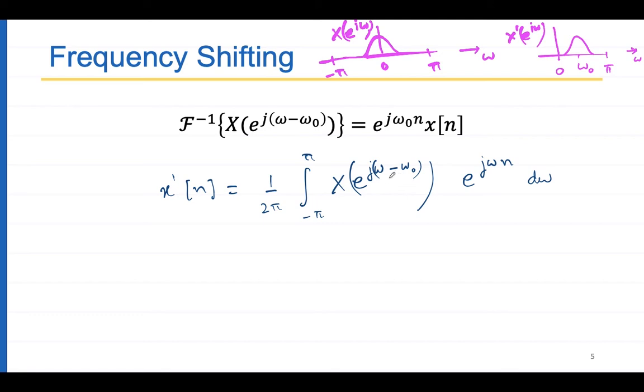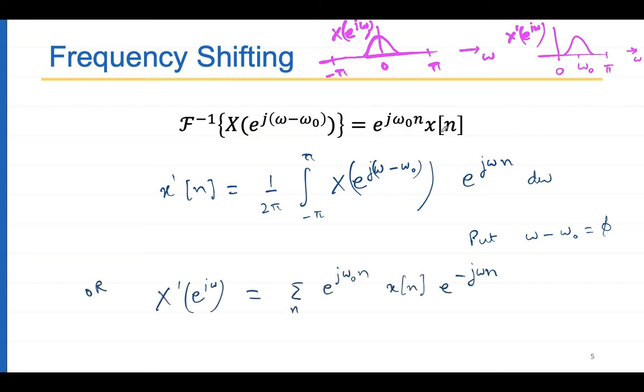You substitute omega minus omega naught with some theta, and the corresponding phase term you will get here, and the corresponding omega naught term will also be here, which will be taken out as common, and you will get x[n]. A very simple proof. The other way is that you start from x[n] e^(jω0 n) and compute its Fourier transform. So this one will just merge into this part, and then you will get the right solution.